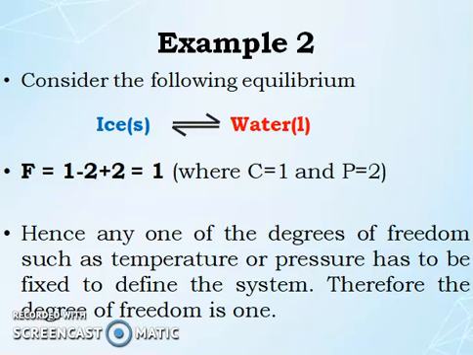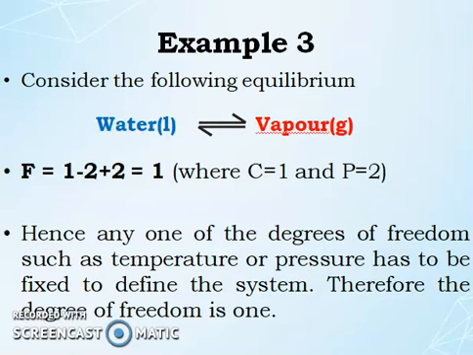Similarly, if you take a third example, we all are telling water boils at 100 degree. 100 degree is a temperature at which water gets boiled. It is a wrong statement. We should not say that because, if you observe this particular formula, water vapor is in equilibrium with water liquid in this particular case. So component is 1, phase is 2. So if you substitute in this formula, F is equal to C minus P plus 2, it comes around 1.